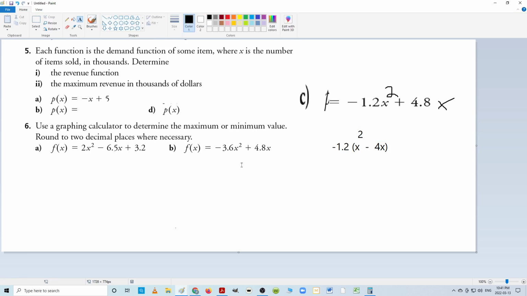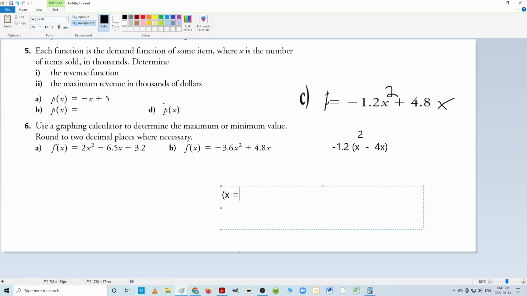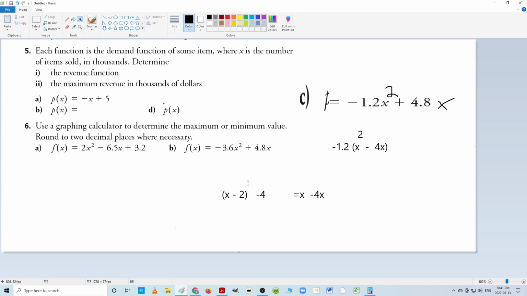Finally got it right, which means the perfect square of this is x minus 2, which expands to x squared minus 4x, which is what I want, plus 4. If I want to get the plus 4 to the other side, I subtract 4 from both sides, which means that if I want to get x squared minus 4x to match in a perfect square, this is what it is.